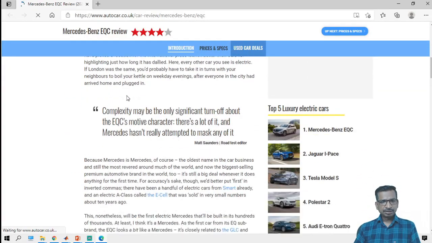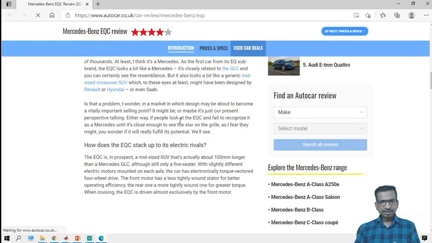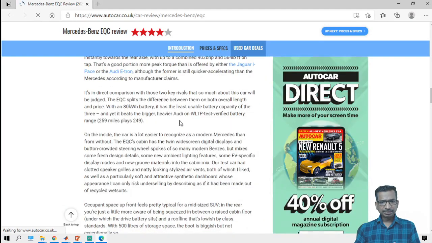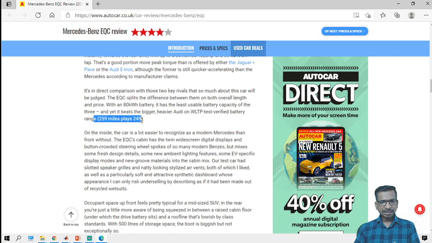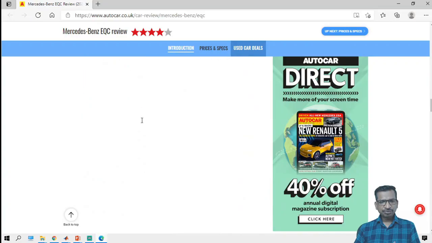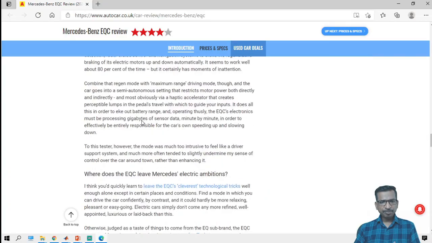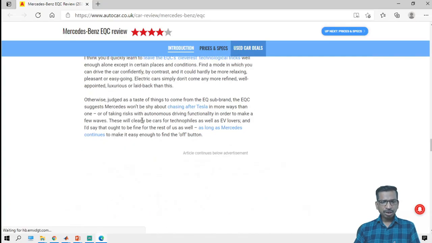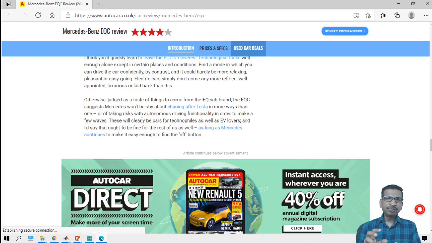Yes, here the specifications, everything is clearly mentioned. What is its range per battery, and how much distance it can cover, and the performance, price details, everything is mentioned. So I recommend you all, please visit all the vehicle specifications to understand more about the electric vehicle system.